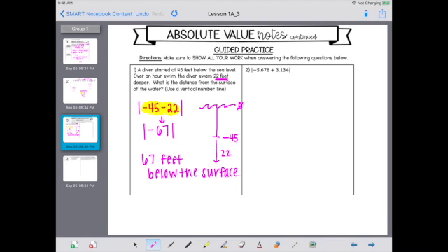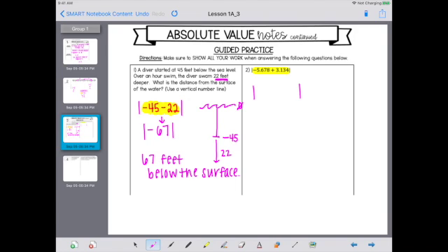Okay. So now number 2 is very similar. You're just given a computational problem. You have to deal with whatever's inside first and then deal with your absolute value. Sometimes to help me remember, I still write my absolute value symbols down, and then I figure out what the value is going to be within the absolute value. So negative 5.678, and you're adding 3.134.